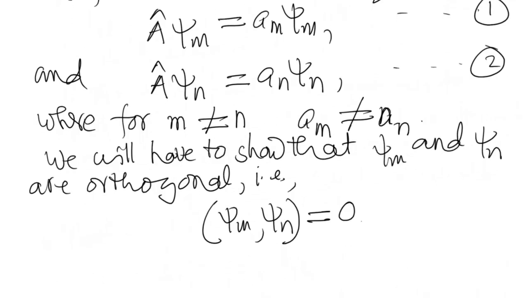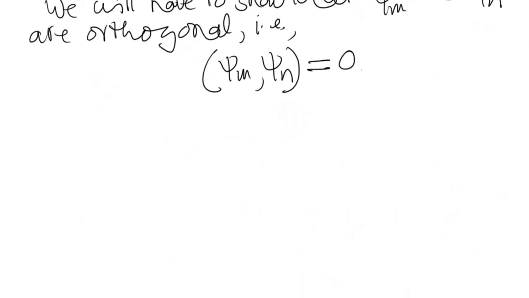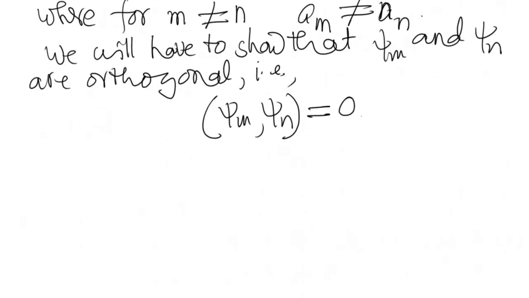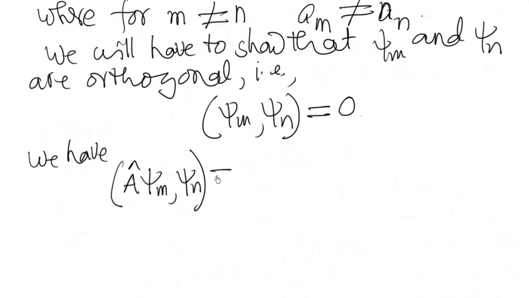Okay, now we set the inner product. We have A psi m and here psi n, first one's asterisk.